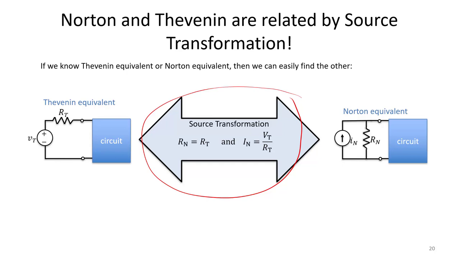So what that means is that if we know our Thevenin equivalent, or if we know the Norton equivalent, we can easily do a source transformation to find the other one. As shown here, the Norton resistance and Thevenin resistance are equal by source transformation. And similarly, the Norton current is equal to our Thevenin voltage divided by our Thevenin resistance.